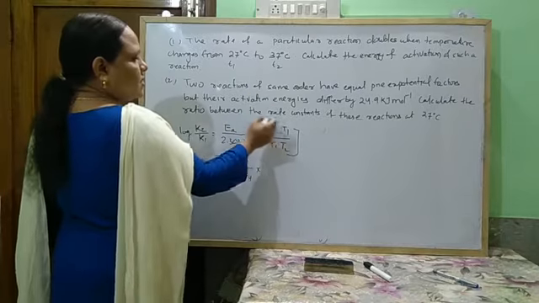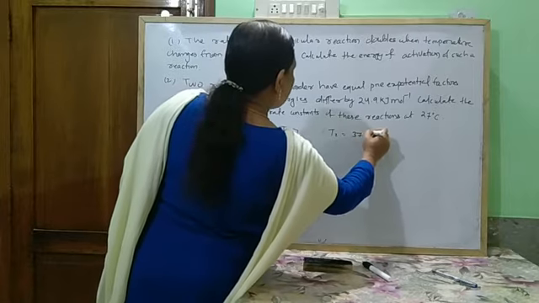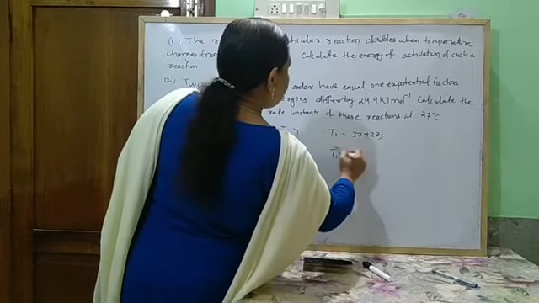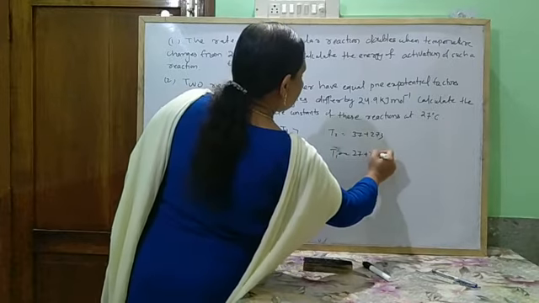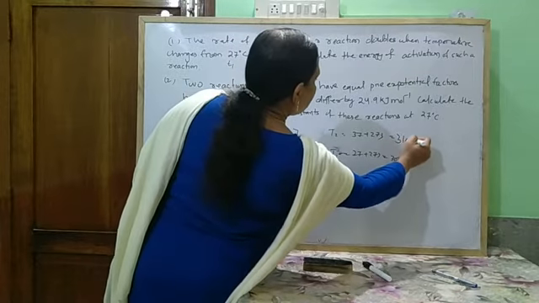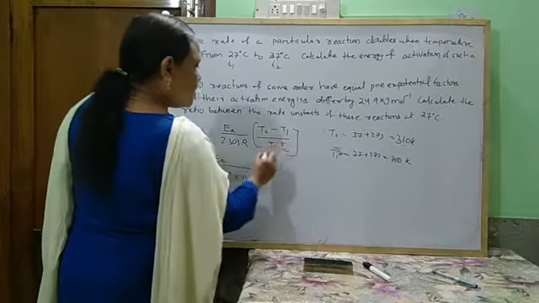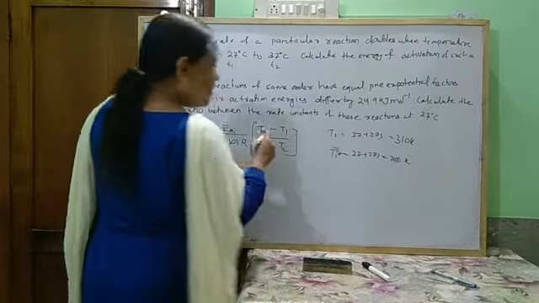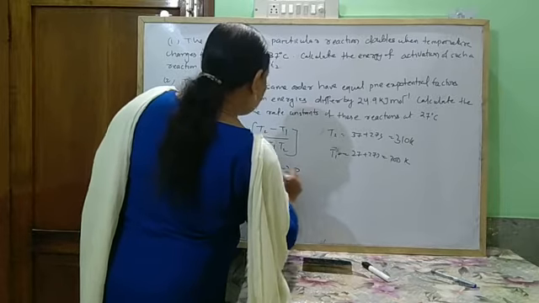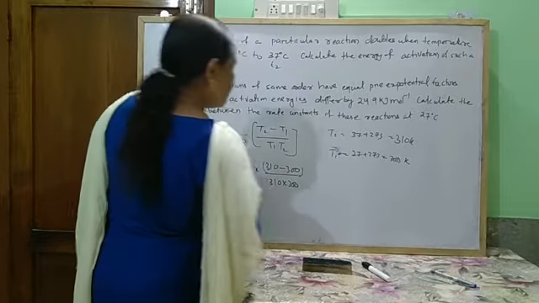So T2 equal to 37 plus 273, which is 310 Kelvin, and T1 equal to 27 plus 273, that is 300 Kelvin, absolute temperature. Into T2 minus T1, the difference is 10 whether in Kelvin or Celsius, so 310 minus 300 divided by 310 into 300.